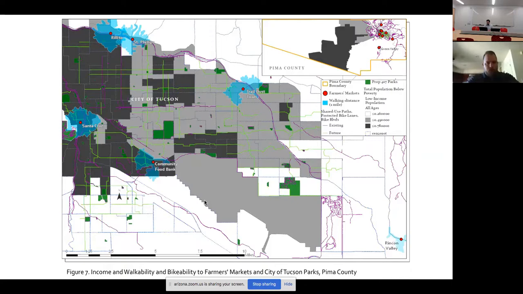And as you can see there by the darker colors, they are at least bordering some of those low-income areas, and in some instances, like the Santa Cruz market, they are located there. Others are not. So these really suburban ones, as Rincon Valley, Trail Dust Town, and definitely Green Valley.